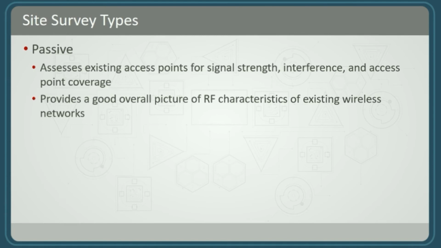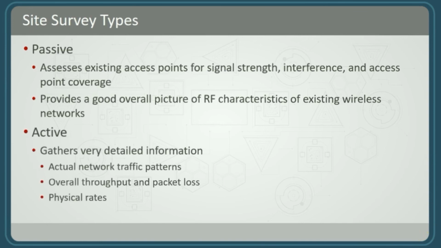Now, when performing a passive, there is no actual connection to the access points. You're basically just gathering up very general statistical information about how far the signal carries and what is interfering and things along those lines. So you don't actually establish a connection. And that differs from the active.